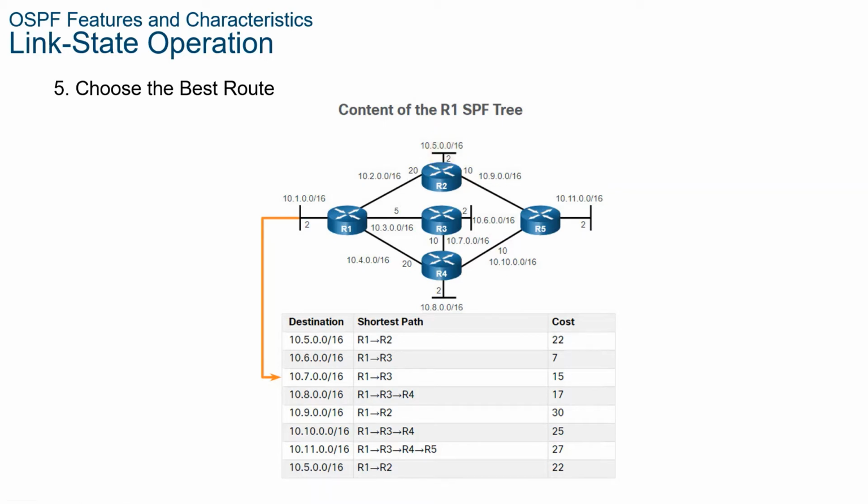Now, if that is our destination from R1, then the shortest path to get to that destination is via R2, and the cost is 22. That would be the cost between R1 and R2, which is 20, and from R2 going to the LAN you have 2 there, so that means it's 22. All right.